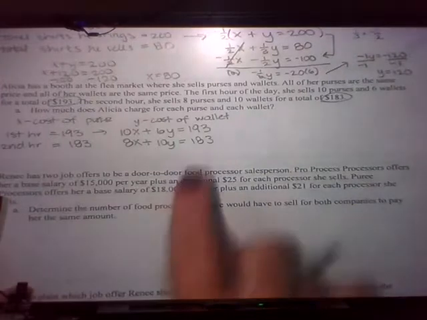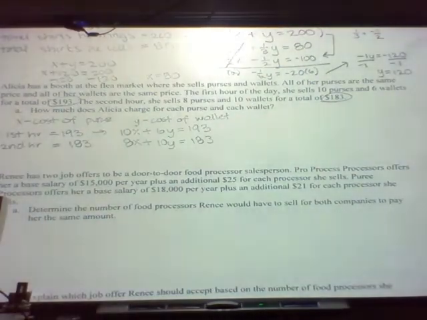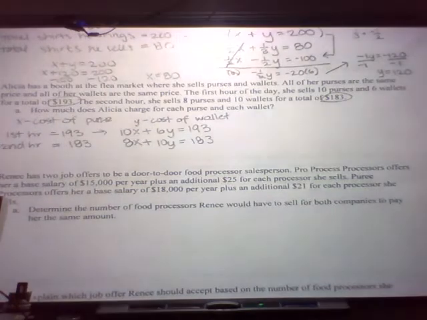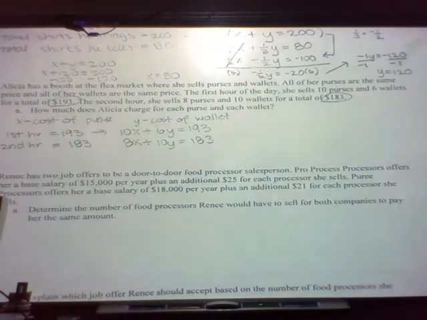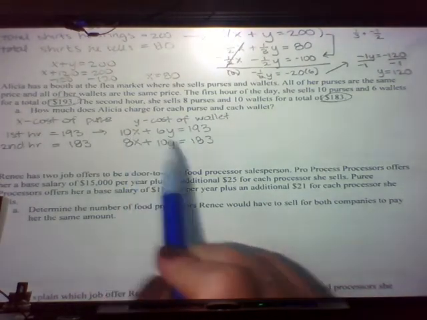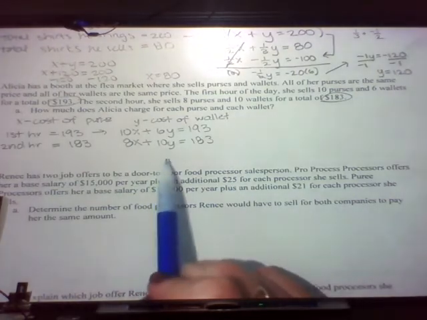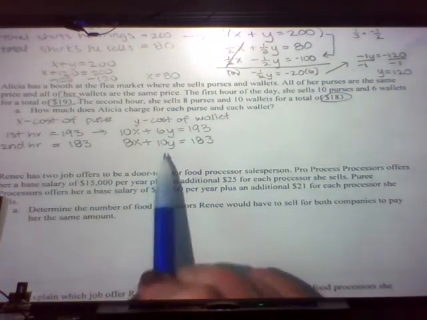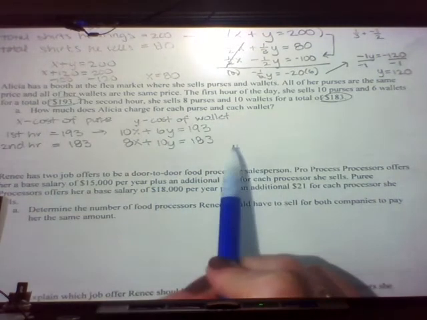Okay, so again, they're both in standard form, so I can use elimination. Now, the tricky part here is we're actually going to have to multiply both of our equations. And the reason is because I can't multiply 8 and get 10, and I can't multiply 6 and get 10. So I'm going to make my y's 30 and -30 because 6 and 10 both go into 30.